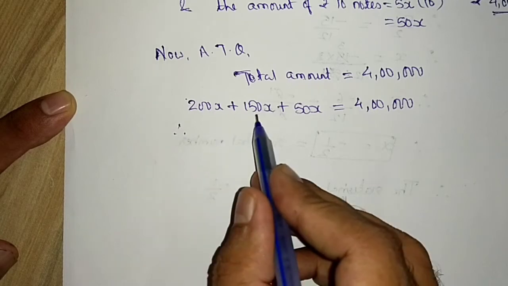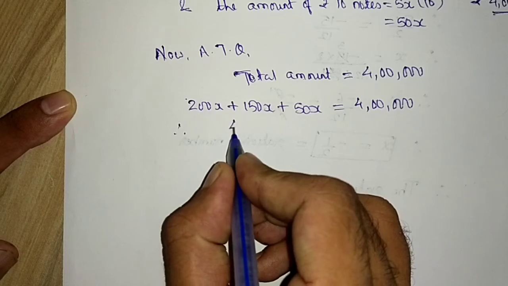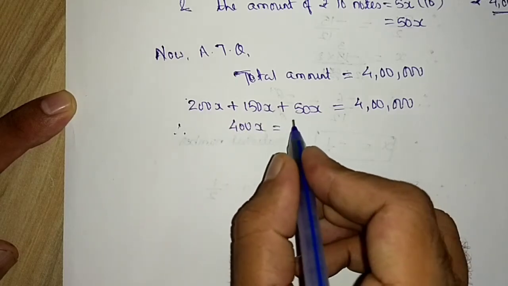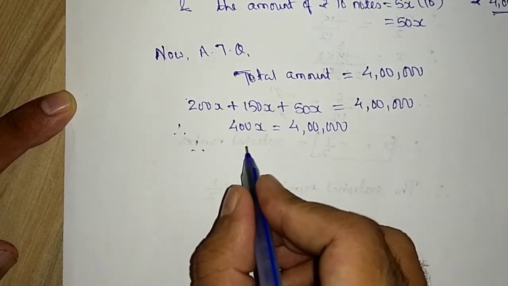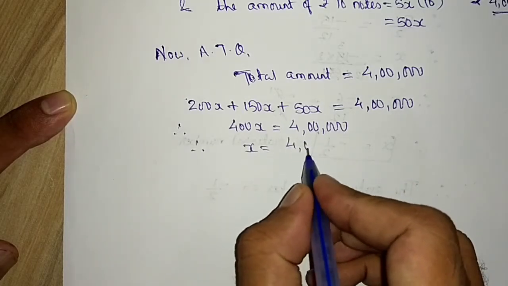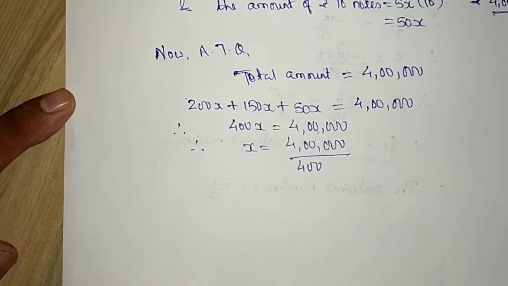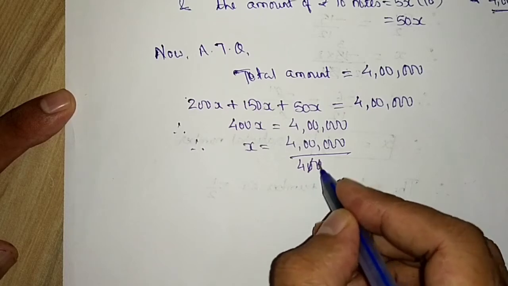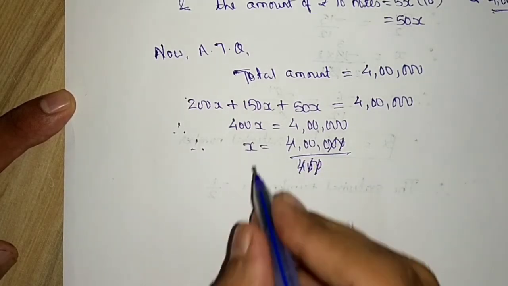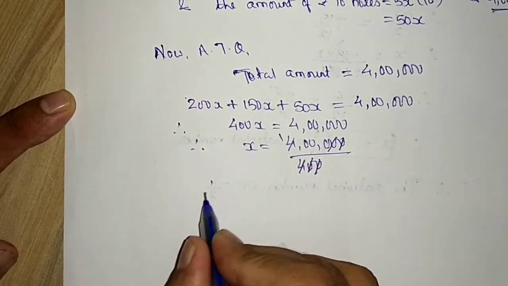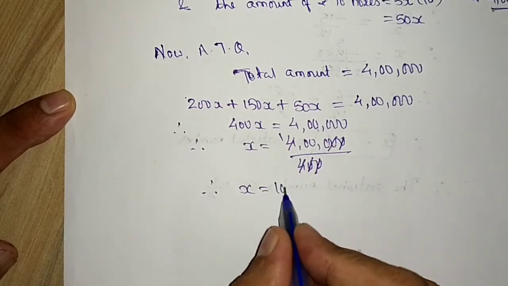Therefore 200 plus 150 is 350, plus 50 is 400x, is equal to 4 lakh rupees. Therefore x is equal to 4 lakh divided by 400. The zeros will cancel out, and 4 ones are 4 will cancel out. I will write over here 1. Therefore our x we will get as 1000.